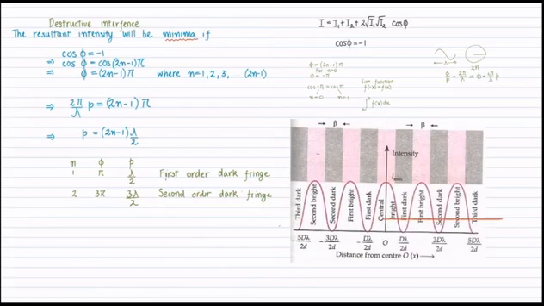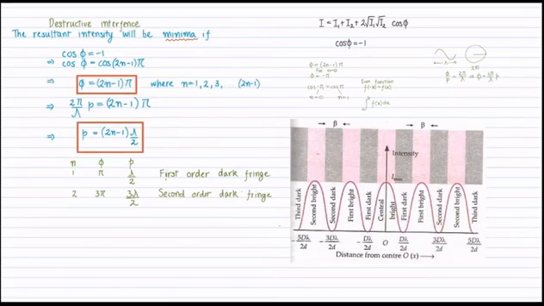Fine. So from your board exams point of view, only these two are important. Okay, and how you are getting this one? So these two equations are known as your conditions for destructive interference.